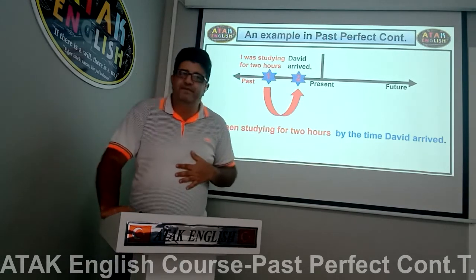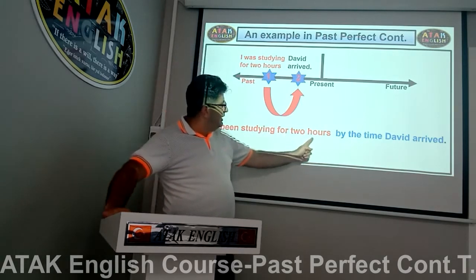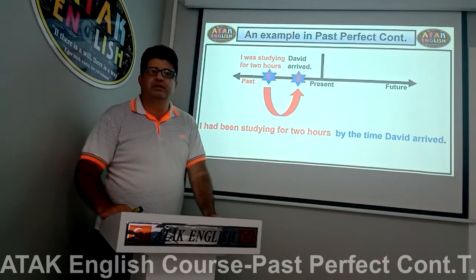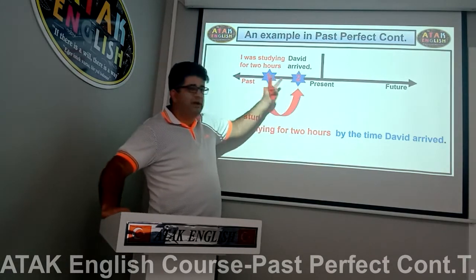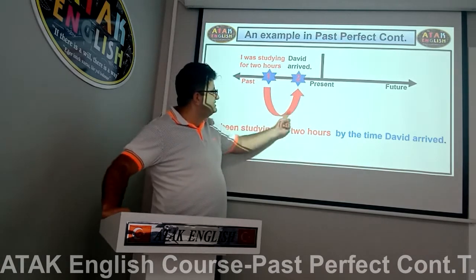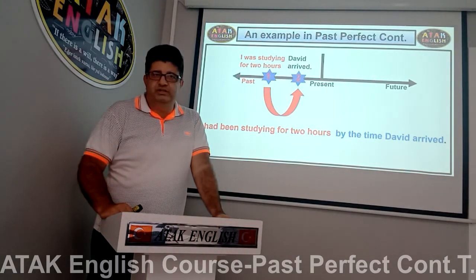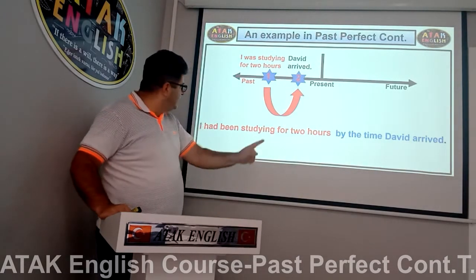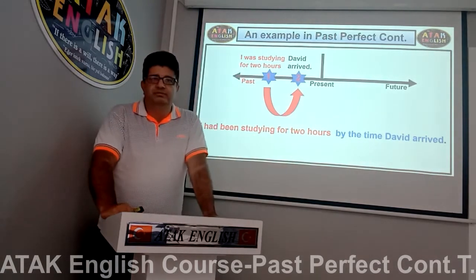Here, I'd like to emphasize, put forward the period of an action, in this case for 2 hours between these two actions in the past. 2 hours, a period, 2 hours has gone. So I would like to emphasize that. That's why I use past perfect continuous tense.